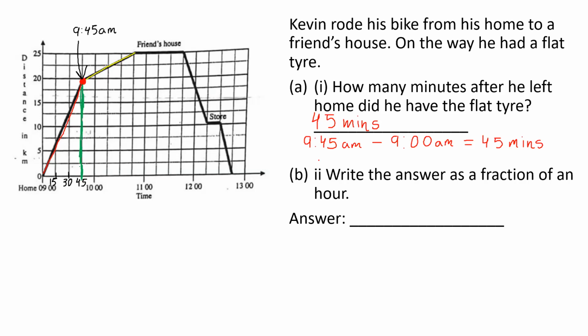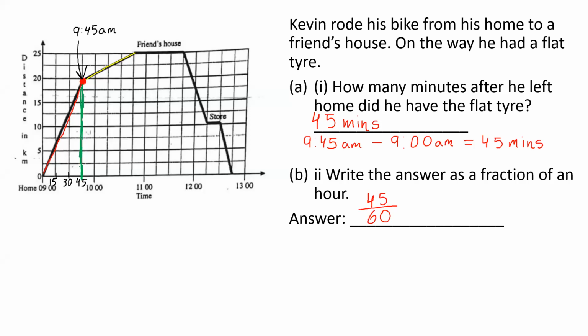But very good explanation. All we have to do is put 45 over how many minutes in an hour? 60. So we're just going to say 45 over 60. Now 45 over 60, is that in simplest form? No, sir.